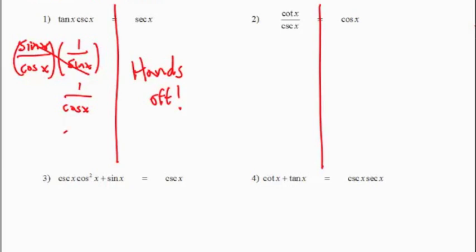I hope by now you're excited, because we know that 1 over cosine of x is equal to secant of x, which means that the left-hand side is equal to the right-hand side, and we have completed our identity. So we did 3 steps, and we're done. Is there a longer way of doing it? Probably. There are some people that may take 4 or 5 steps, but generally speaking, this is the most direct way to get to the solution, and I would highly recommend that we do it as such.